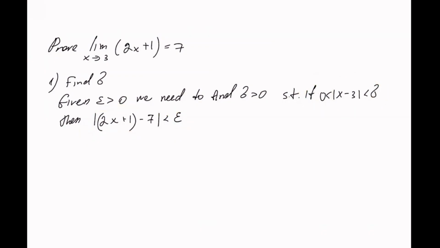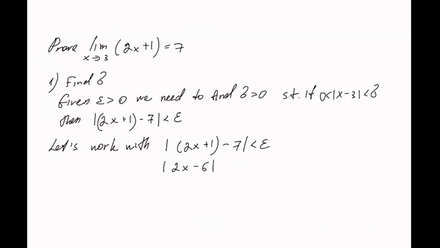So for now, to do that, first we need to find what that delta should be or can be. So we'll work with the then statement. Absolute value of 2x plus 1 minus 7 is less than epsilon. Now let's simplify the inside of the absolute value. We have 2x plus 1 minus 7 is going to be 2x minus 6, less than epsilon.